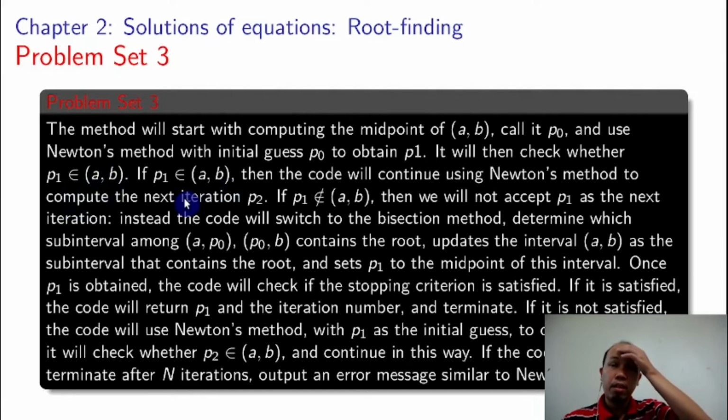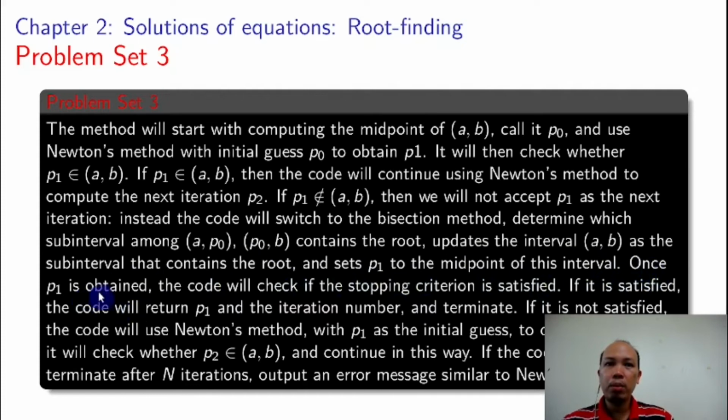If P1 is in the interval, then the code will continue using Newton's method and compute P sub 2. If P1 is not an element of the interval, then we will not accept P1 as the next iteration. Instead, the code will switch to the bisection method, determine which subinterval, A to P sub 0 or P sub 0 to B, where P sub 0 is the midpoint, contains the root. Update the interval AB as the subinterval that contains the root and set P1 to the midpoint of this interval.